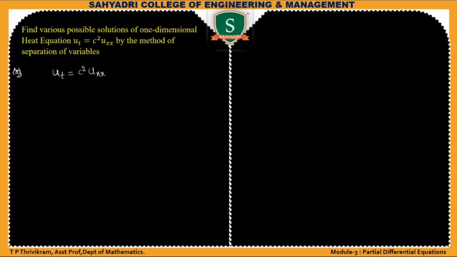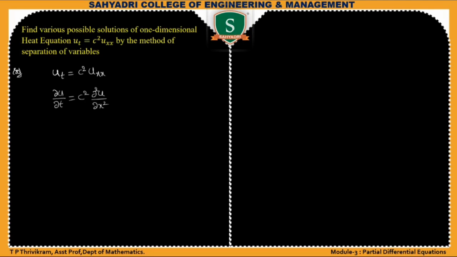What do you mean by u_t here? If you are representing a letter with a suffix, that means ∂u/∂t = c^2 ∂^2u/∂x^2. u_xx means the second derivative with respect to x.